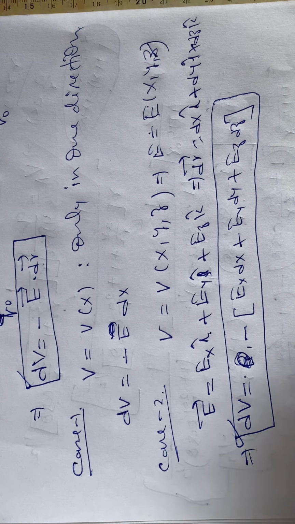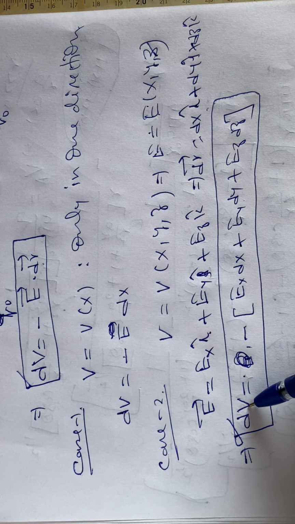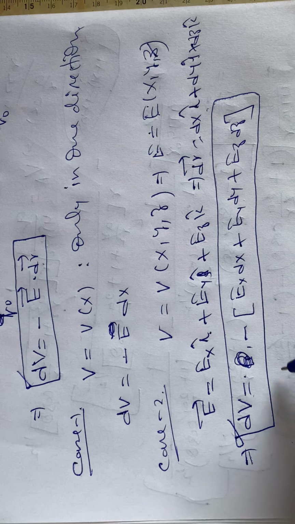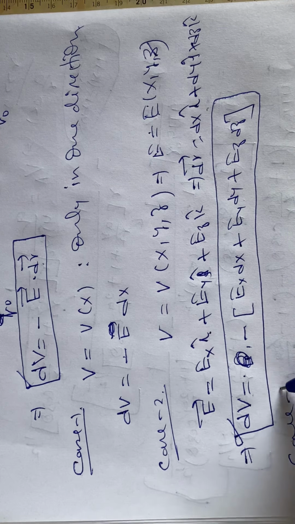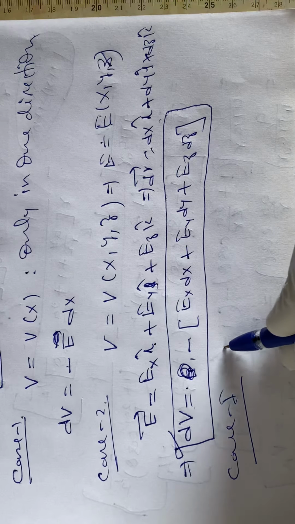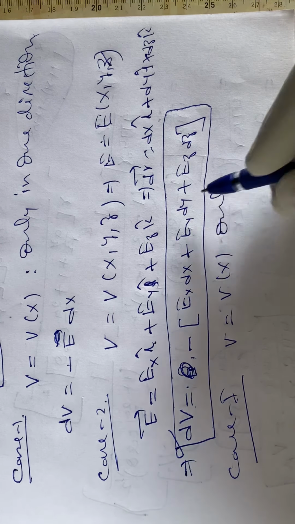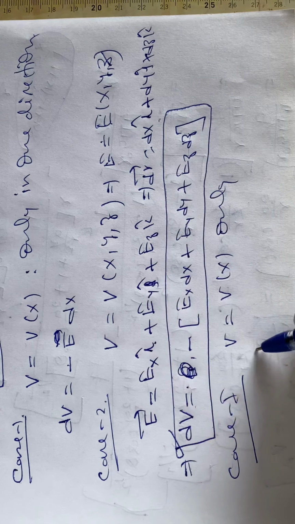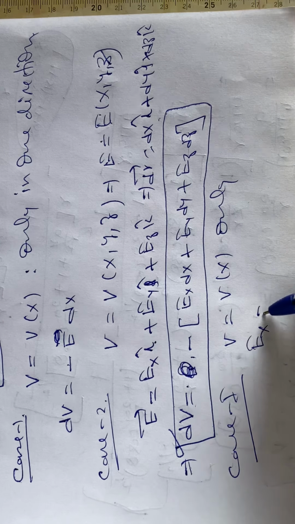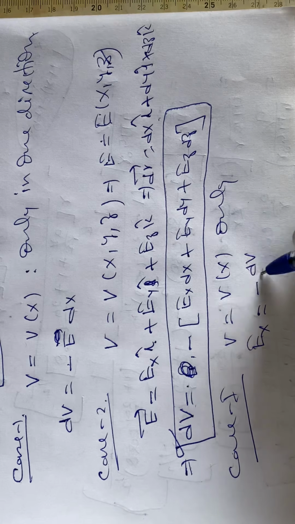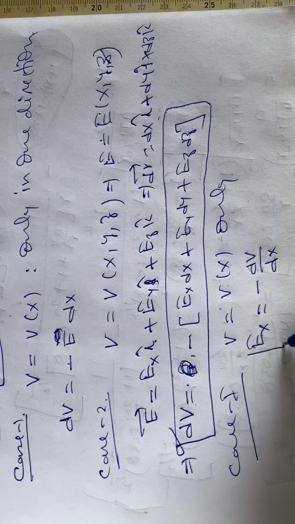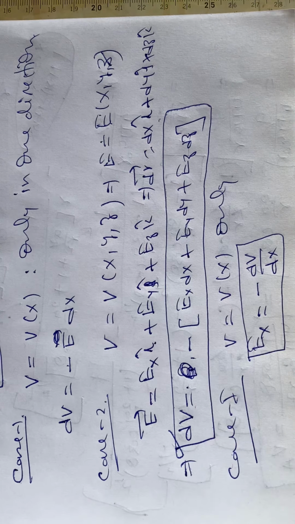Now coming back to case 1: if V is a function of x only, then you can neglect the other terms. What you can write is that the electric field along the x-axis is minus dV upon dx.